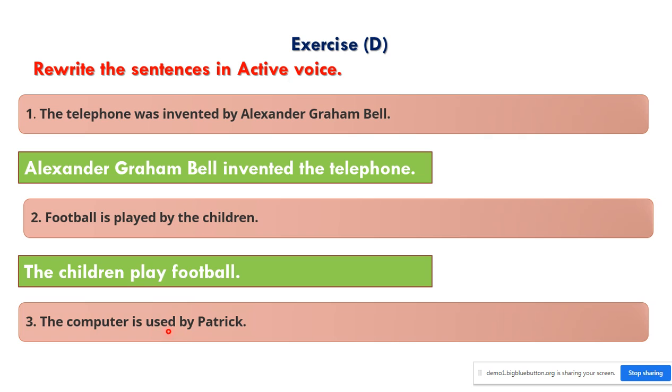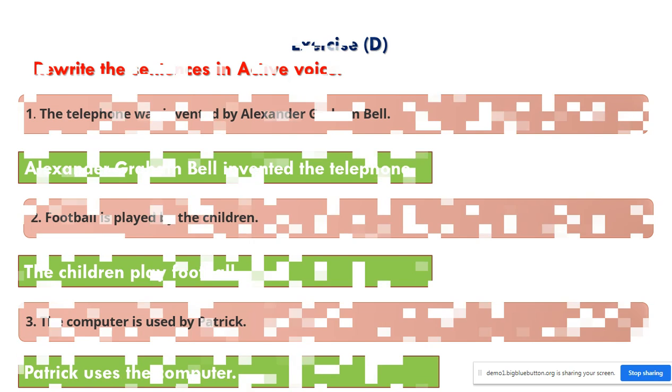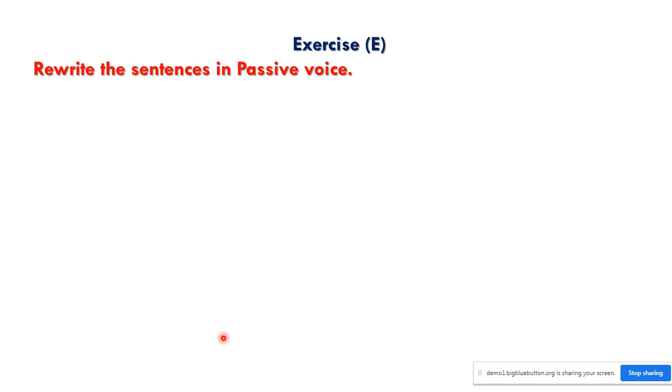Why "uses"? Because this is present simple. This is the passive voice verb form in the present simple. So to go back to the original verb, with the pronoun he or she, we add s, es or ies to the verb. So: Patrick uses the computer.